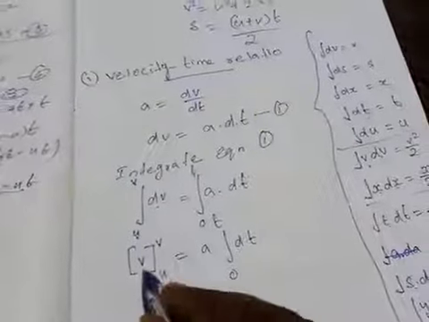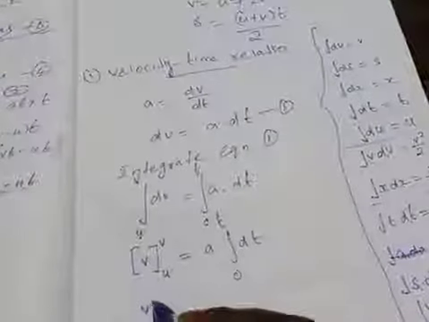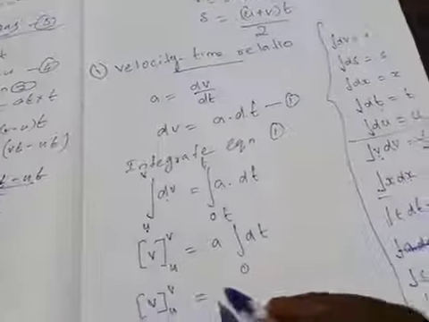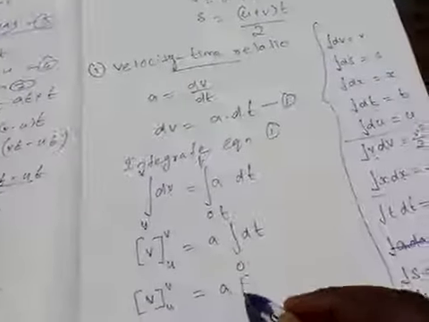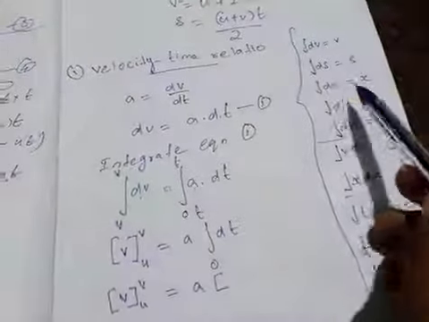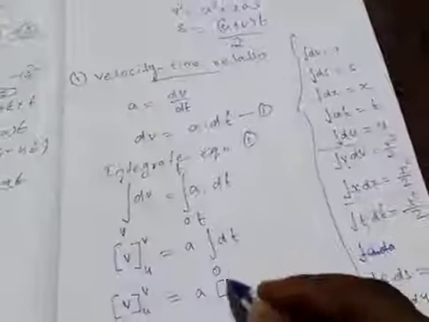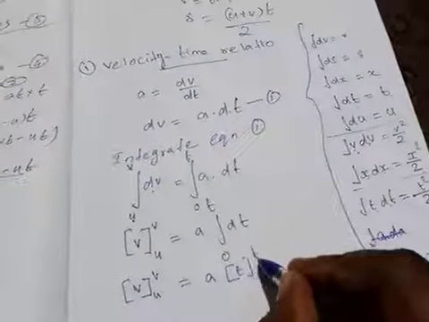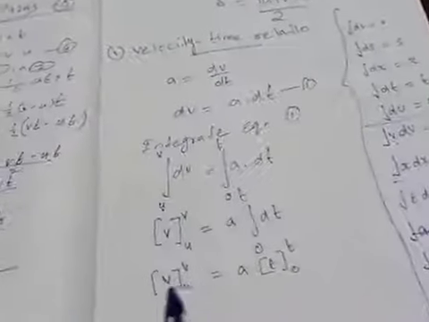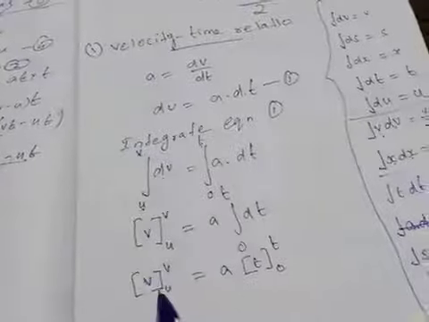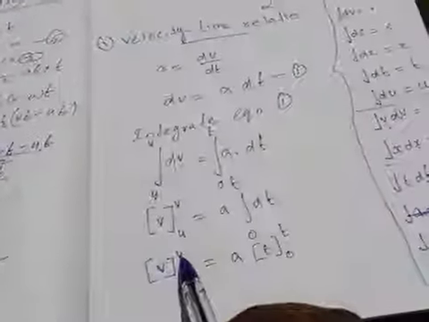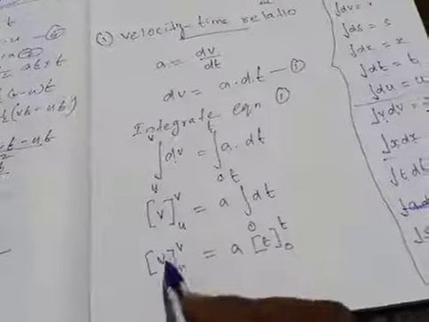So v from u to v is equal to a times the integration of dt, which is t, with lower limit and upper limit. To apply the limit, we take the upper limit minus the lower limit.